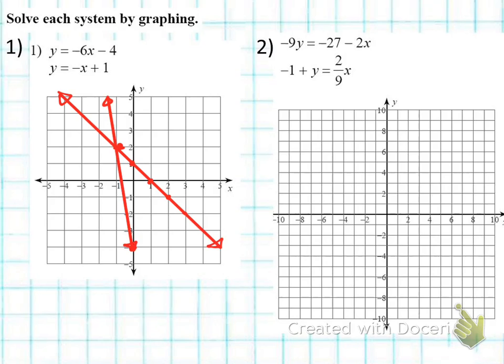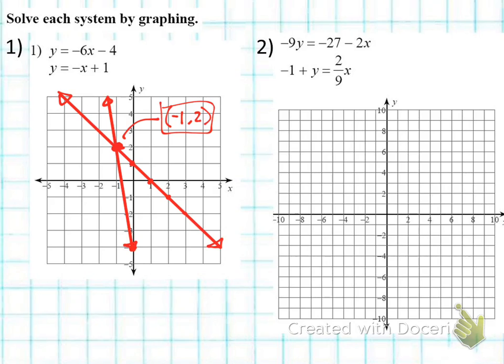And we have our 2 lines now. Okay, so I need to draw this straight because I want to figure out where they cross. Well, they cross at this coordinate right here. So the answer is this coordinate right here. You would write the solution, which is (-1, 2).